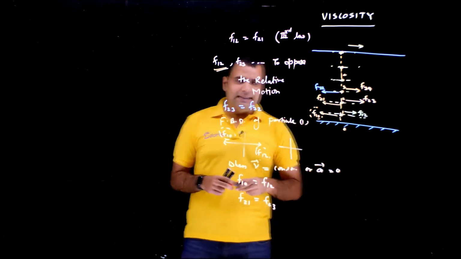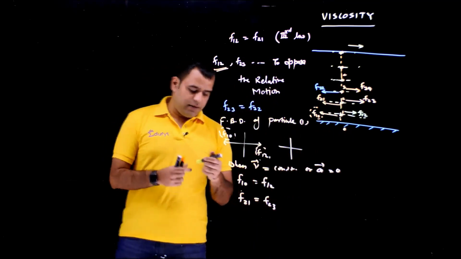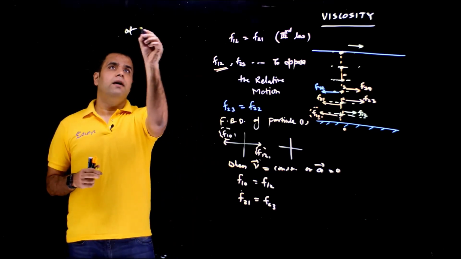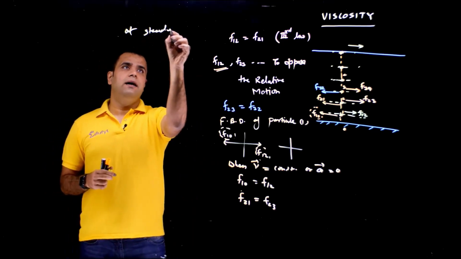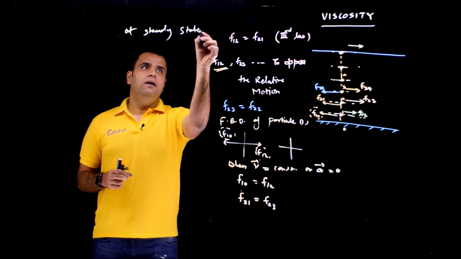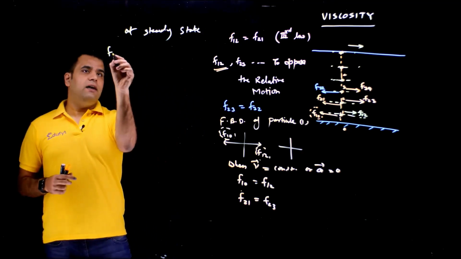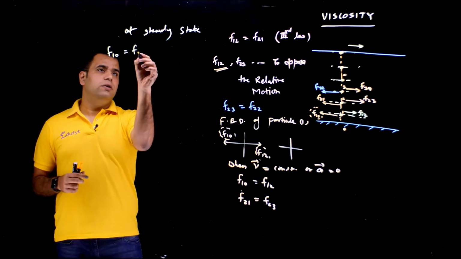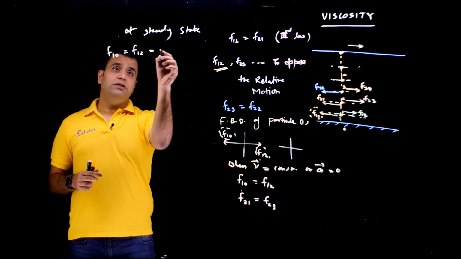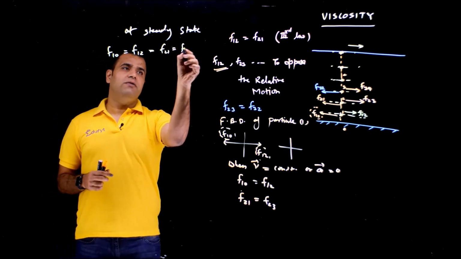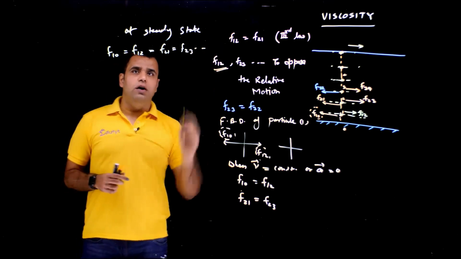So at the steady state, we will be saying that F10 will be equal to F12, equal to F21, equal to F23 and so on.